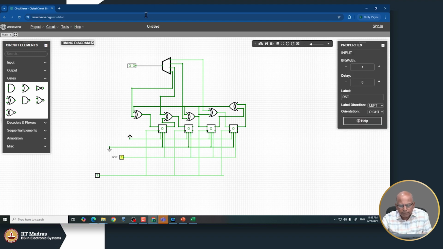Okay, and let us say initially the input is 0 0. This is a good decoder, so this output will be 1 and all others will be 0.